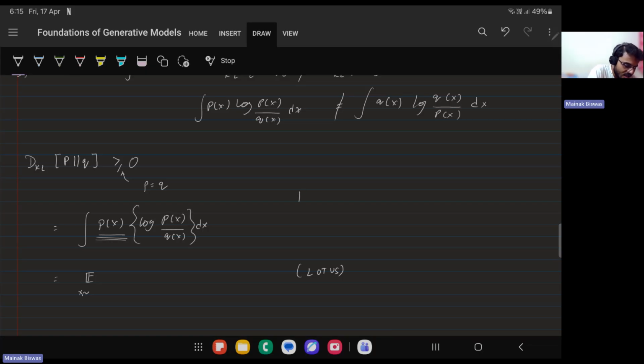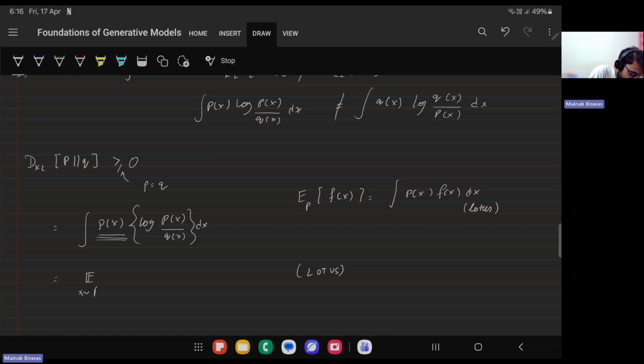We know that the expected value over a PDF or a PMF P of any function f of X is the integral of Px fx dx. We have learned this in LOTUS in probability and statistics: you pass x through the function, multiply by the corresponding Px, and take the integral over all the data. So that's the expected value.